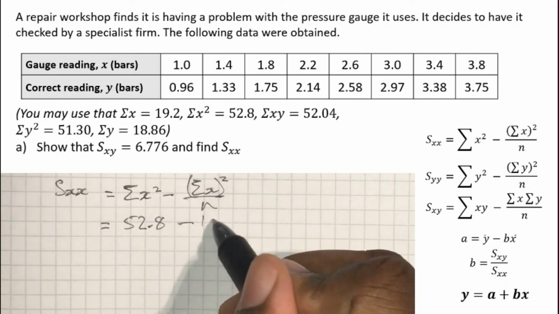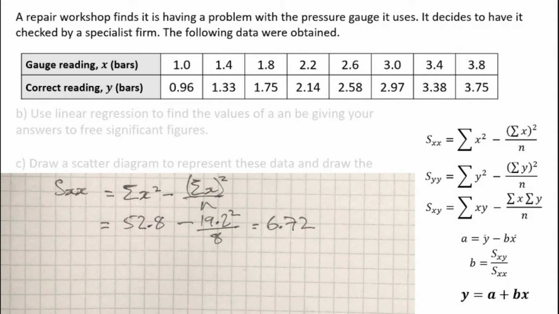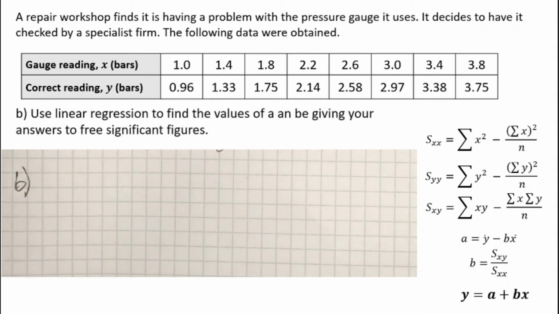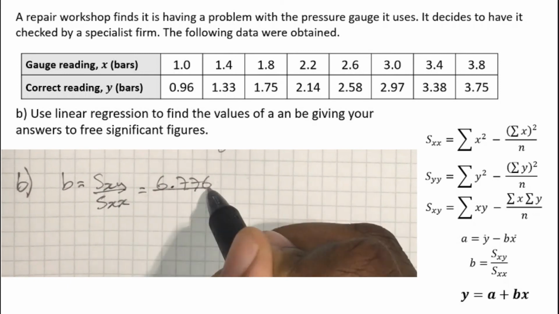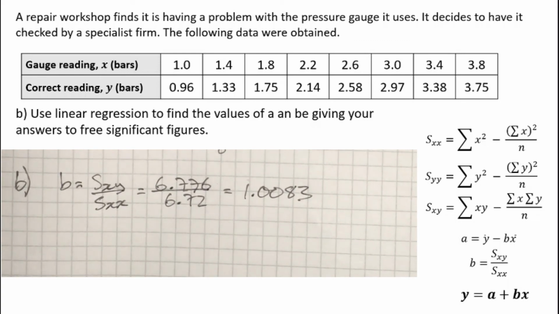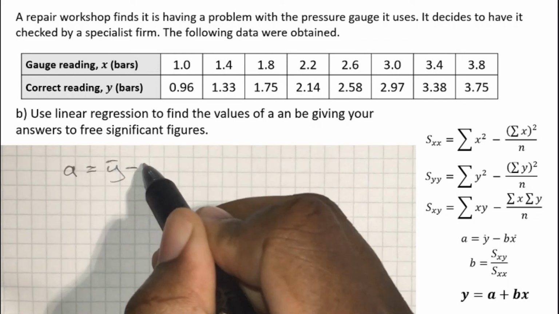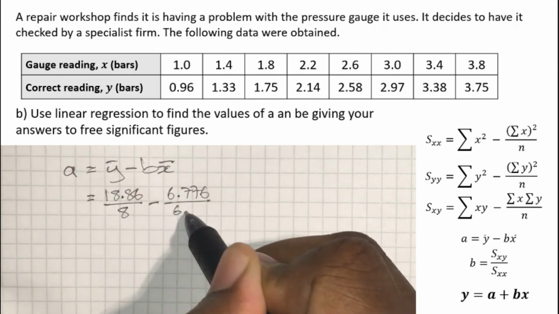And if we substitute our values, we get 6.72. Part B of the question, as you might expect, we're asked to go ahead and find an equation for our regression line. So we're going to calculate b, we're going to calculate a, and we're going to substitute them into the usual form for the equation.